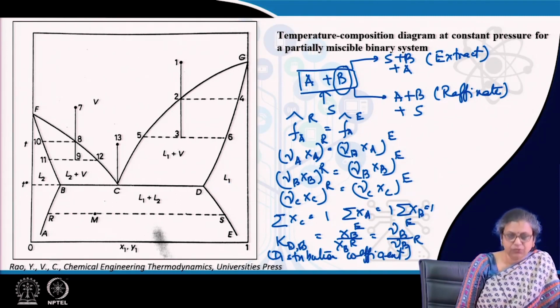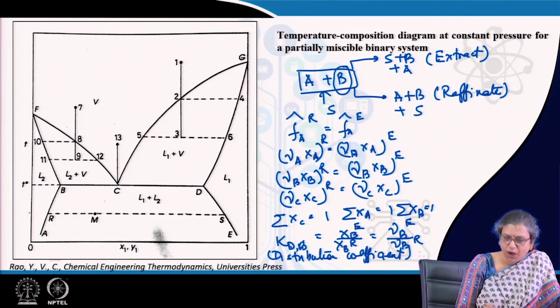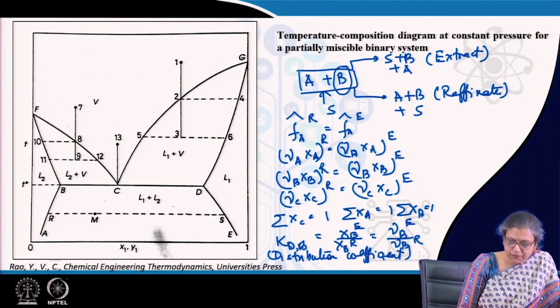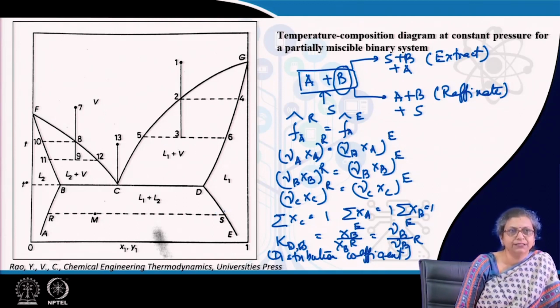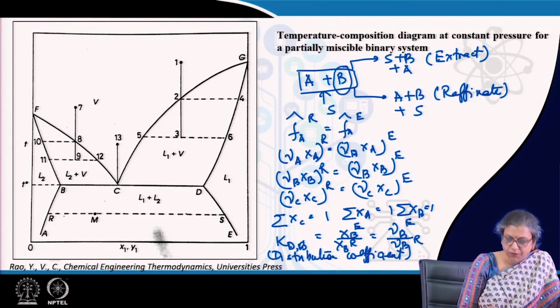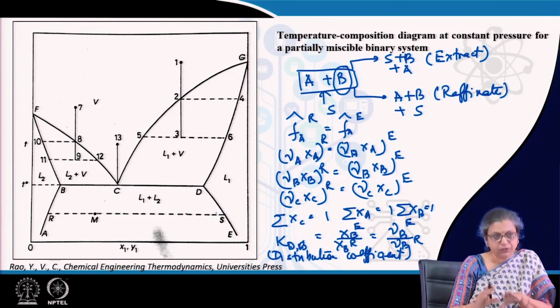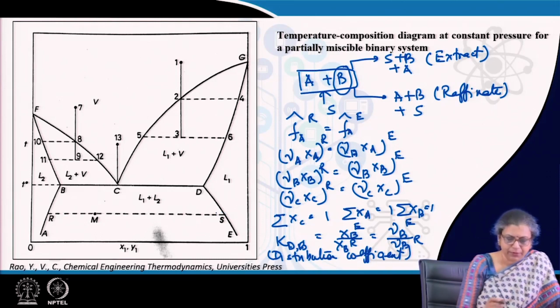Over some particular range, say for example we start with pure liquid L2, and then we start adding L1 there. Gradually we find that there is one particular zone where the Gibbs free energy of the solution is higher than the Gibbs free energy of the two components taken separately.